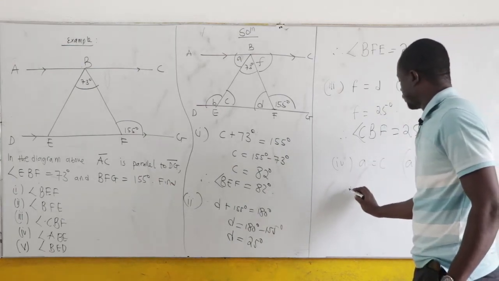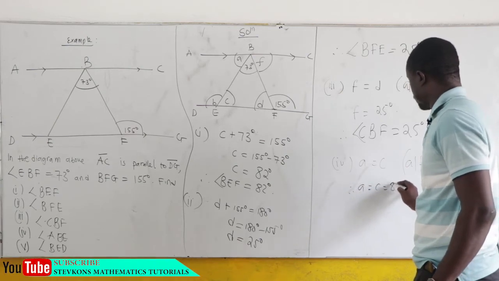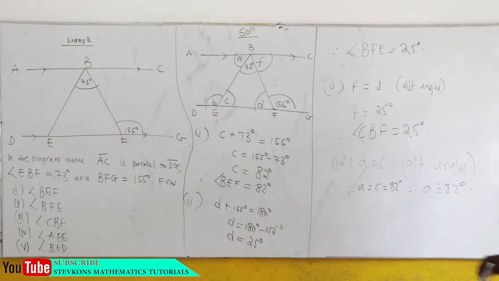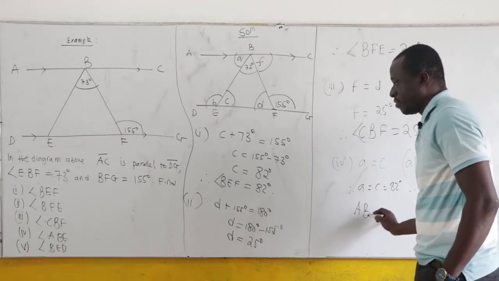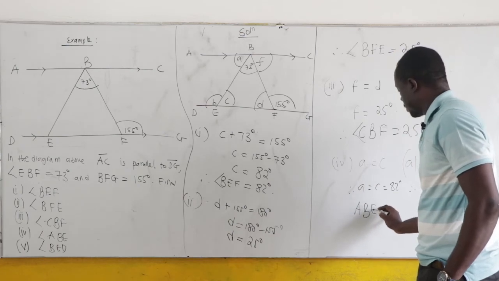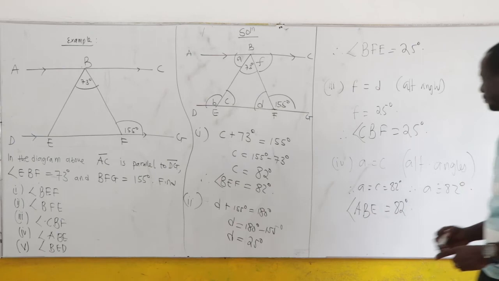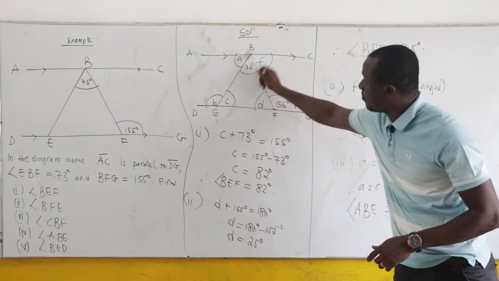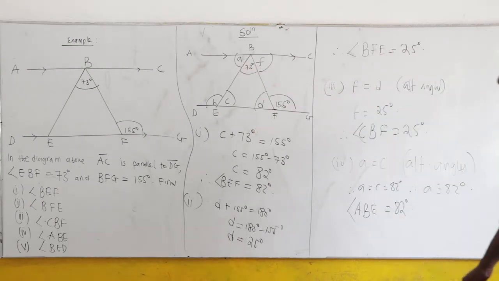So, hence, A is equal to C, which is equal to 82 degrees. Therefore, our ABE is 82 degrees. That's the angle over there.